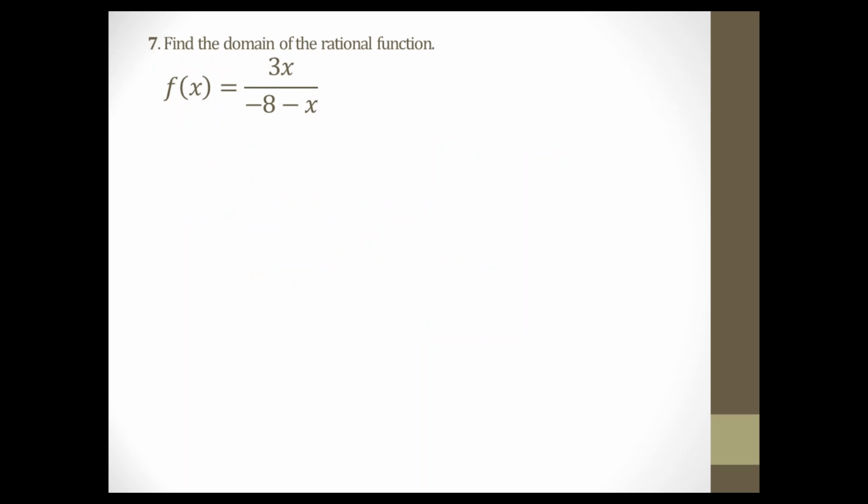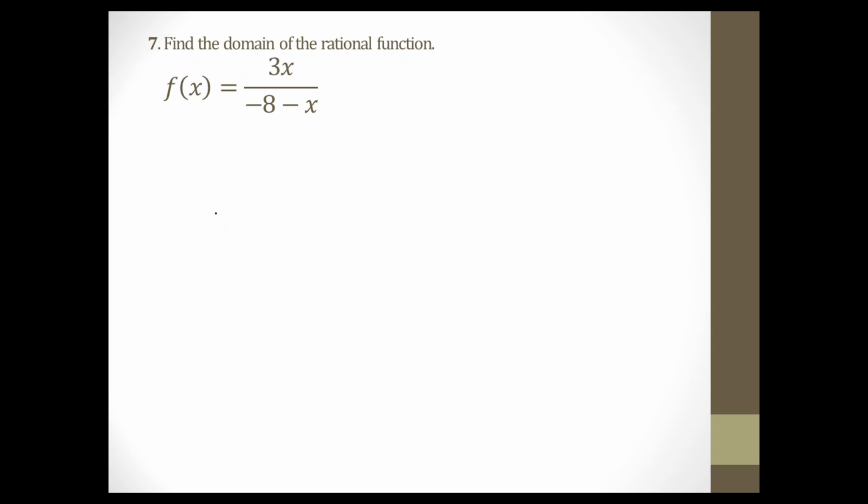Number 7, find the domain of the rational function. So we have f of x equals 3x over negative 8 minus x. So we're finding the domain. There are two main scenarios we want to pay attention to. We want to pay attention to whether we would ever have a variable in the denominator, and then we want to check whenever we have a square root.